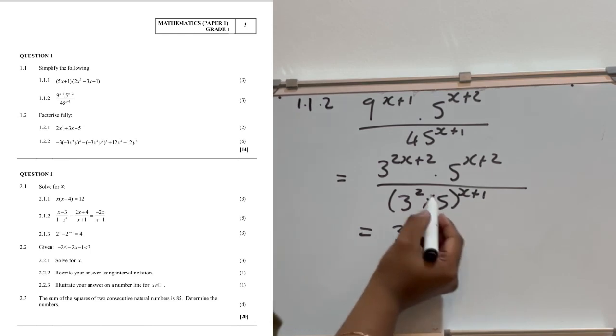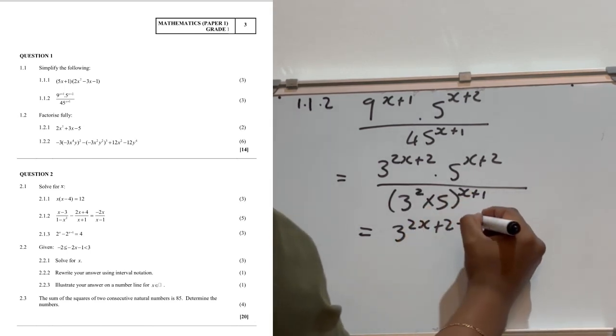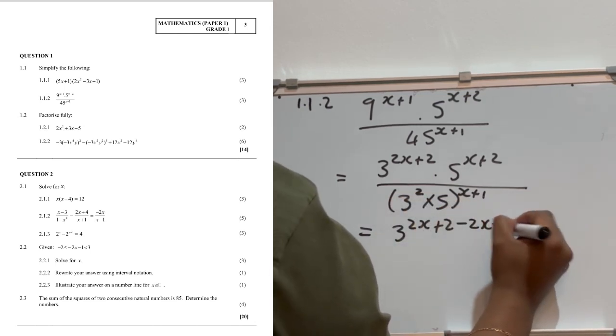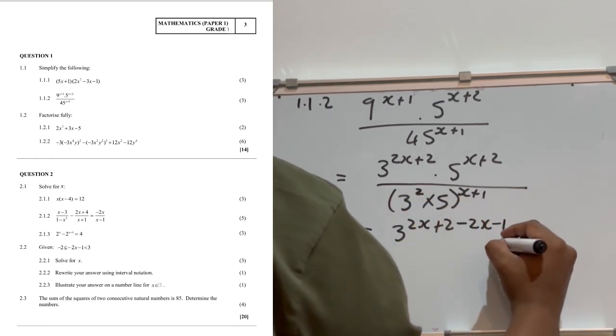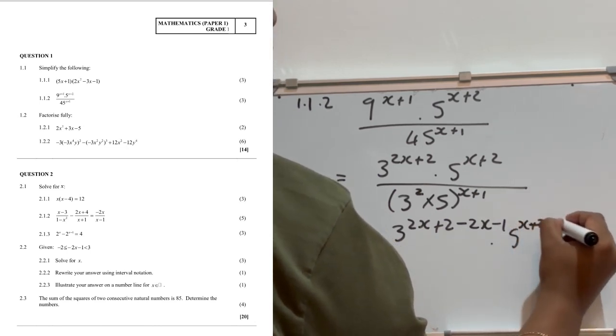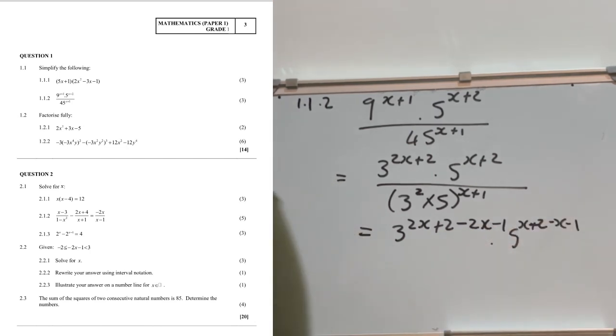I'm just going to subtract this off now, so then that is minus 2x minus 1. Okay? Times 5 to the power x plus 2 minus x minus 1.